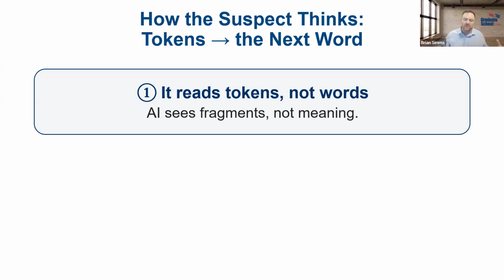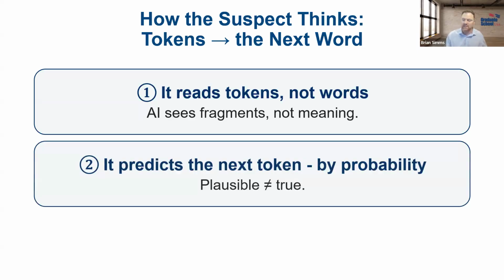And that tokenization drives how AI is able to understand what we're asking it. And it does its prediction, which we'll see in a demo in a little bit, by guessing what the next token is likely to be, what is statistically probable. So let me show you what I mean by both of these.